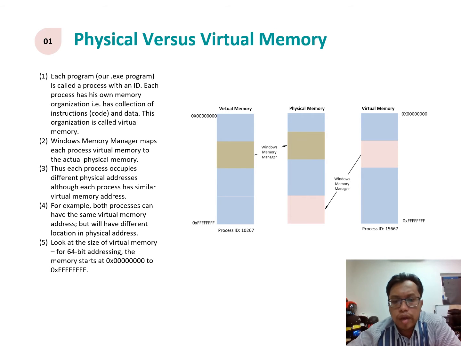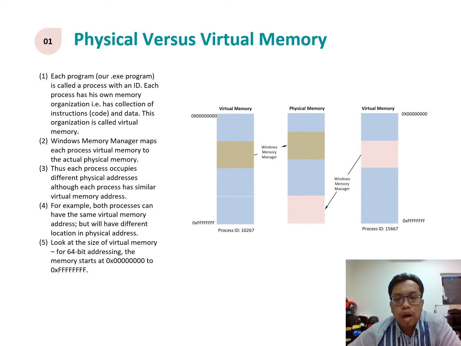For instance, you as a student have an ID. Let's say your ID is FB12005. That's your ID, and it contains your name, your program, your address, your telephone number, and so on. That's the analogy. This is analogous to the process ID information of each program that you run.